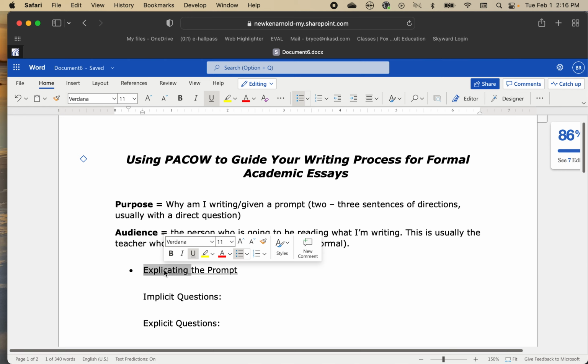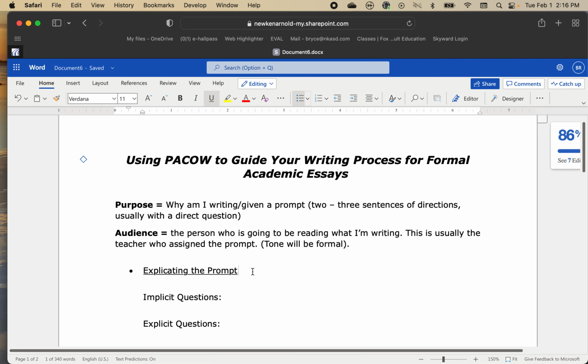So you can take a minute and do that. Tap define or smart lookup and read through what the explanation is for what explication is. And then after you've read that, you are going to write down an explanation of what it means.